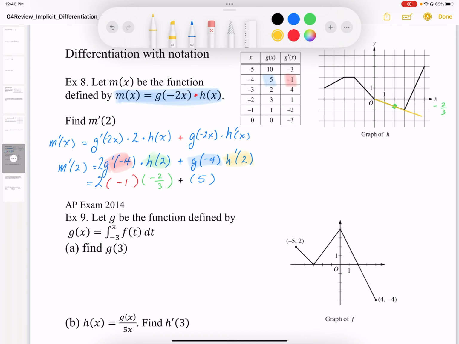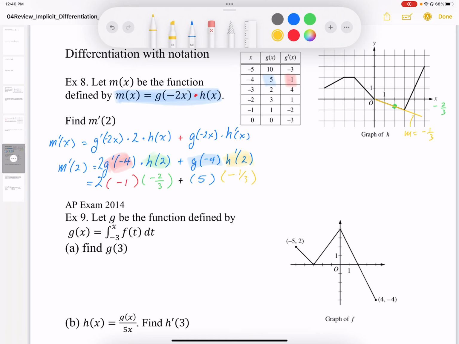And that slope of that point is going to be, well, we can see that it has a rise and run of negative 1 over 3. Okay, so here the slope is negative 1 over 3. So then that represents the value of h prime at 2.